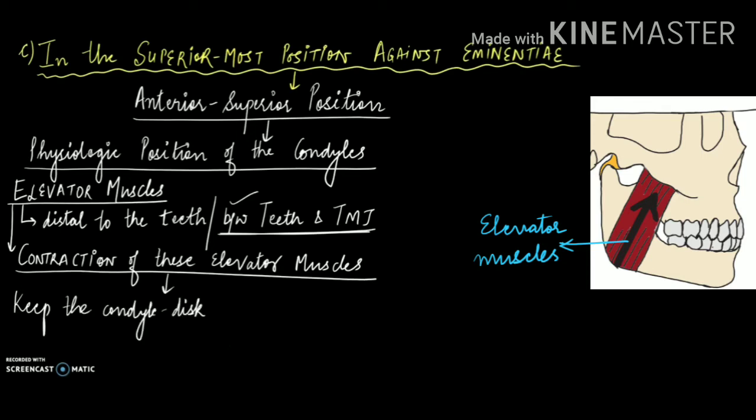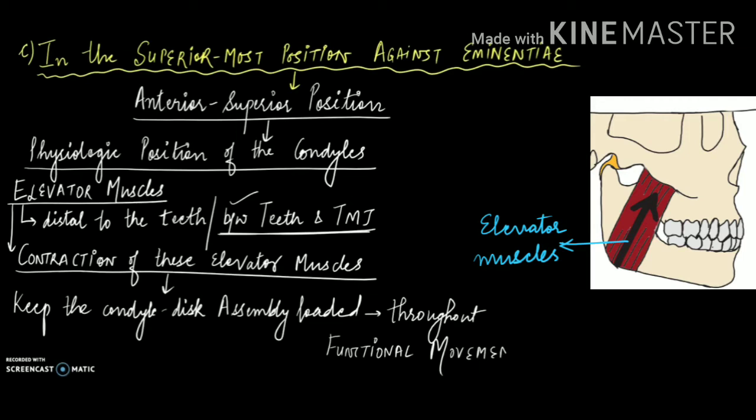So what we are trying to say is that the anterior superior position is considered to be the physiologic position of the condyles. Why? Because the contraction of these elevator muscles keeps the condyle disc assembly loaded throughout the functional movements.